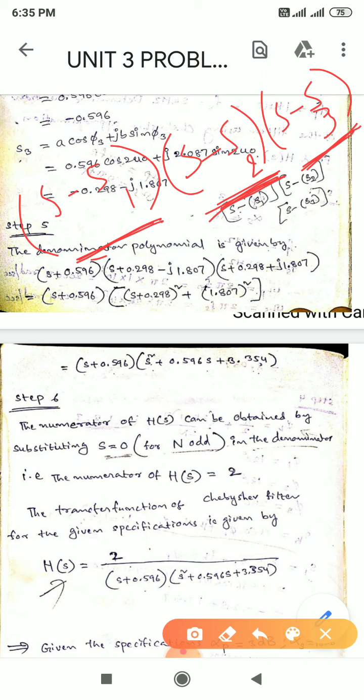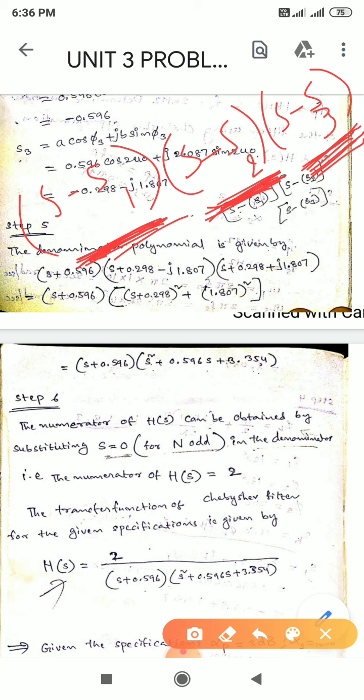We are writing the denominator in terms of roots. Actually, we are expressing the denominator as a product of roots. Here it has 3 roots, so we can write it as (s - s1)(s - s2)(s - s3).